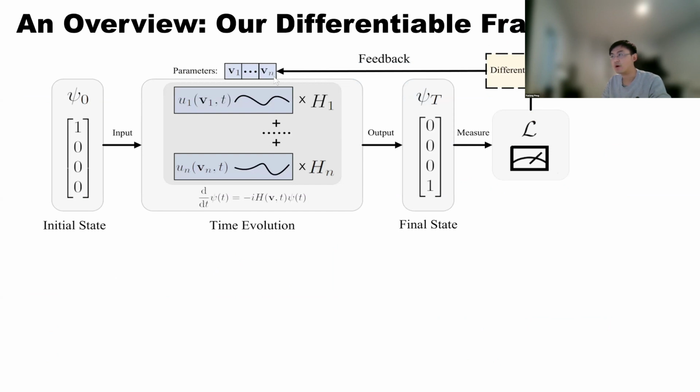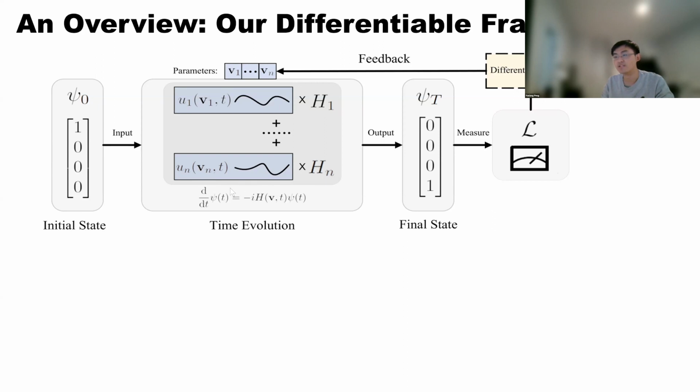An overview of our framework is like this. For initial state psi 0, we send it to the quantum system, which is controlled by the parameters V1 to Vn. Each corresponds to several Hamiltonian terms, and the total Hamiltonian is the summation of all these terms.